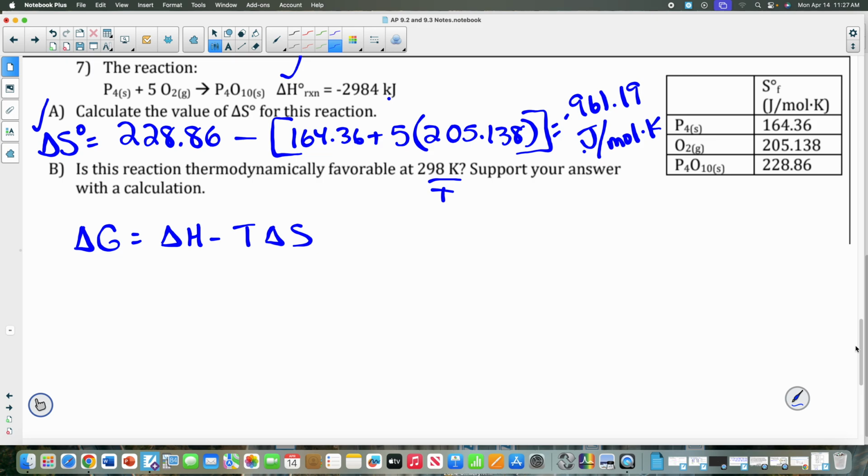If I wanted to change this from joules to kilojoules, which way would I move my decimal point? To the left. How many spaces? 3. So I would get negative 0.96119 kilojoules per mole K. Okay, so that's what I meant about making your units match.